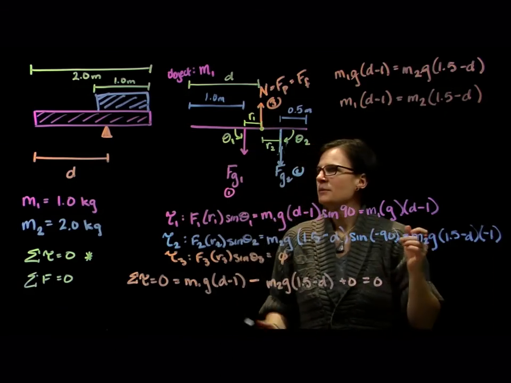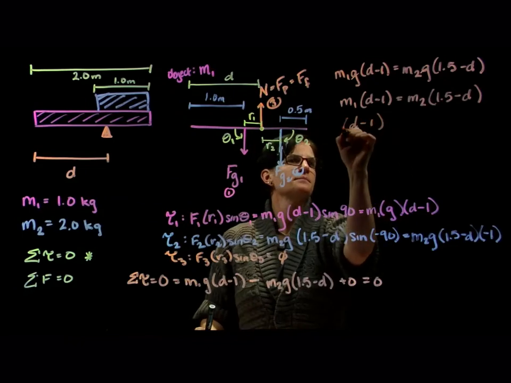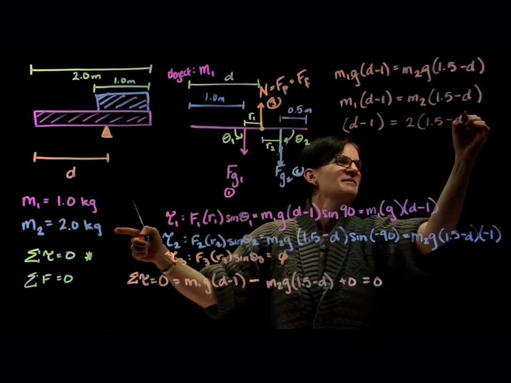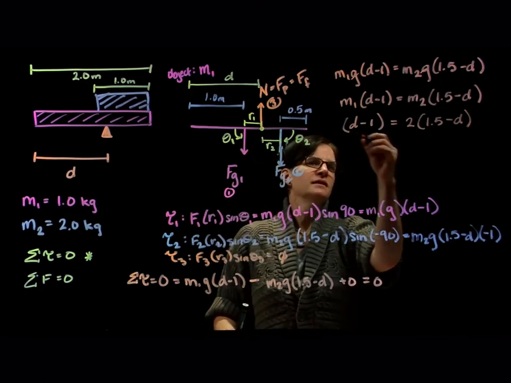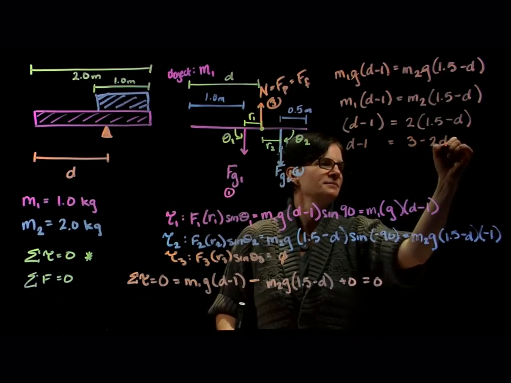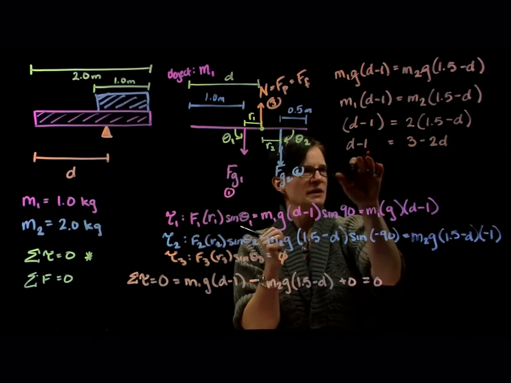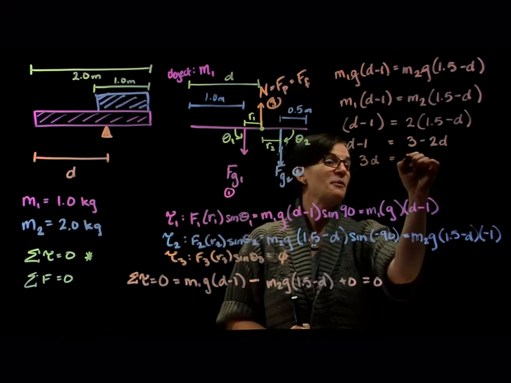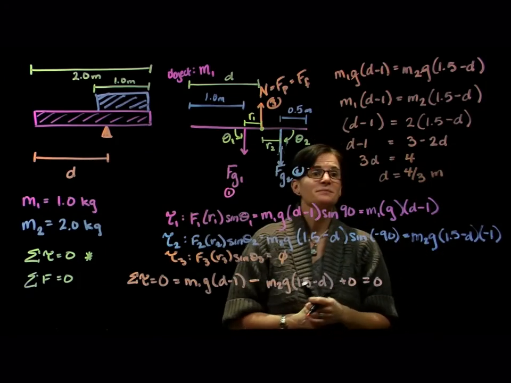Now, m1 was equal to 1 kilogram, so I have d minus 1, and m2 is equal to 2 times 1.5 minus d. And now it becomes algebra. 2 times 1.5 is 3 minus 2d. I need to combine like terms, so I bring my 2d to this side and end up with 3d. I bring my 1 to this side and end up with 4, and d is equal to 4/3 meter.